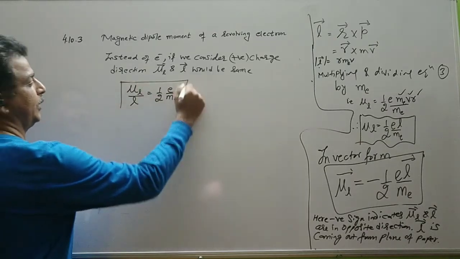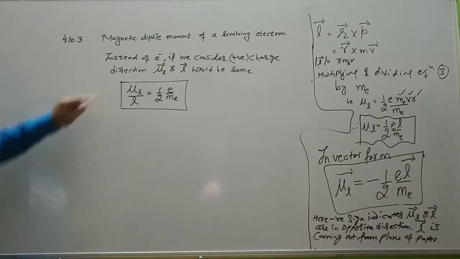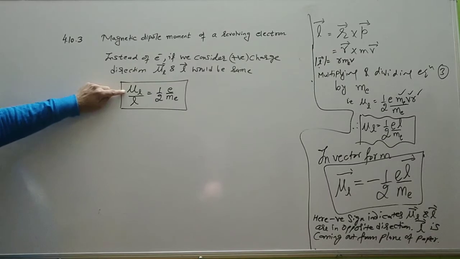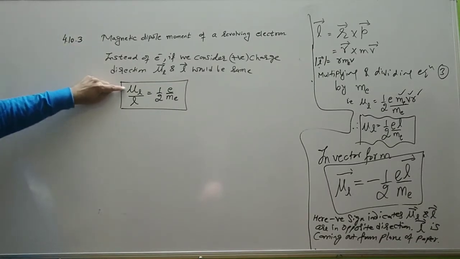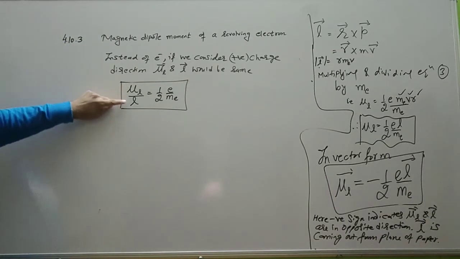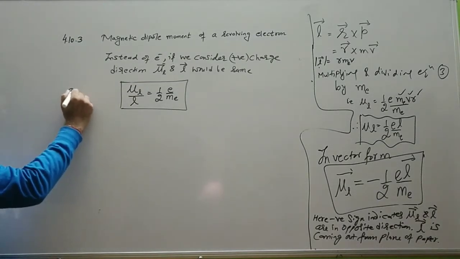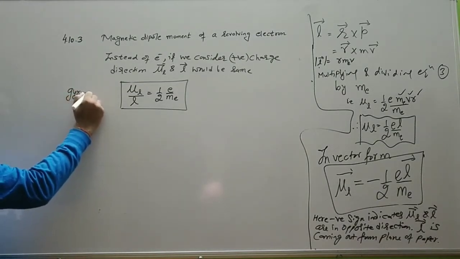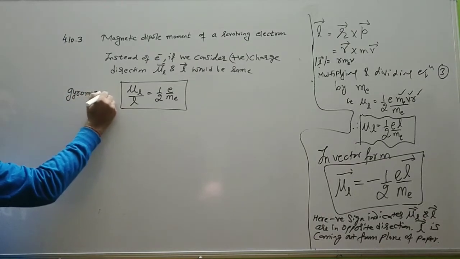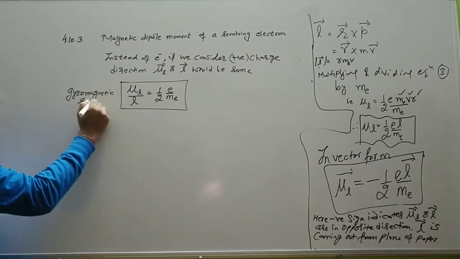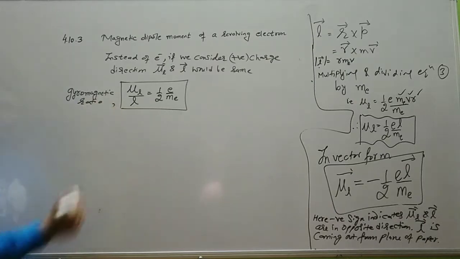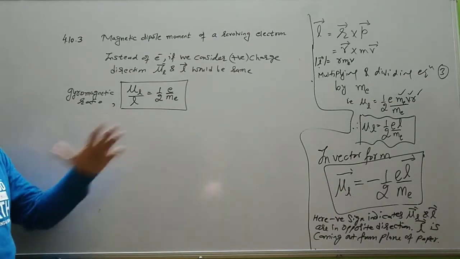So this is the ratio of the atomic magnetic moment or the magnetic dipole moment and the angular momentum, and this ratio is called the gyromagnetic ratio. Also we can find out this ratio for an electron, but in that case we have to remember the direction, otherwise the magnitude comes out to be the same.